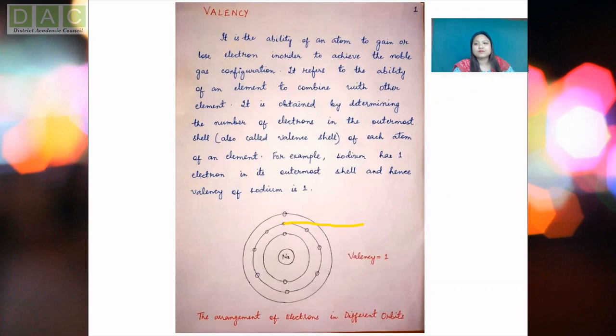In the same way, the third shell is called the M shell. But here the last shell, the N shell, is absent in sodium. In this way the different shells are named. In the sodium atom we have calculated the valency to be 1. This diagram represents the arrangement of electrons in different orbits.